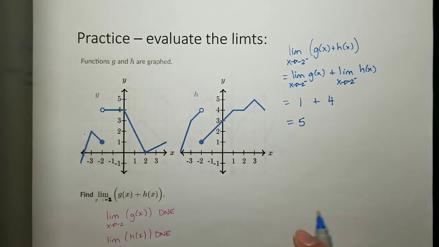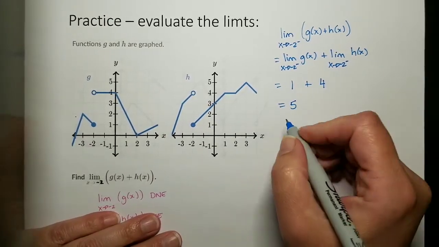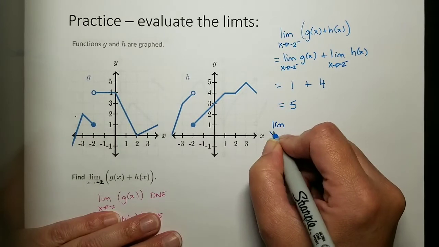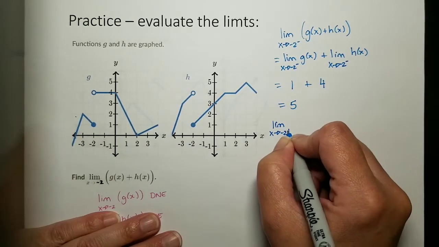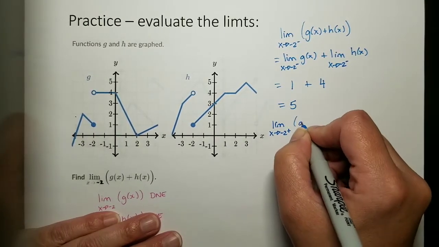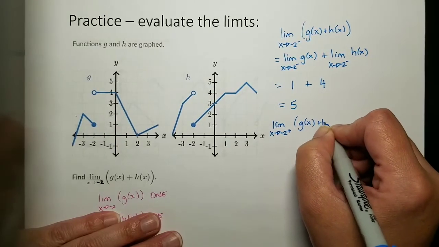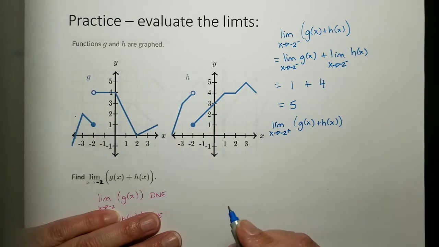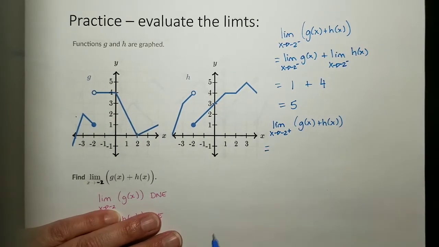Now what happens if I do the right-sided limit? So here, I would do the limit as x approaches negative 2 from the right of g at x plus h at x. And maybe you're kind of taking a look and saying, ooh, this might work.